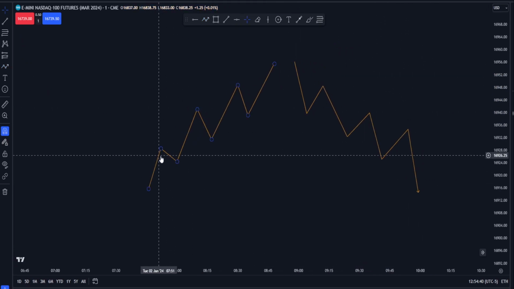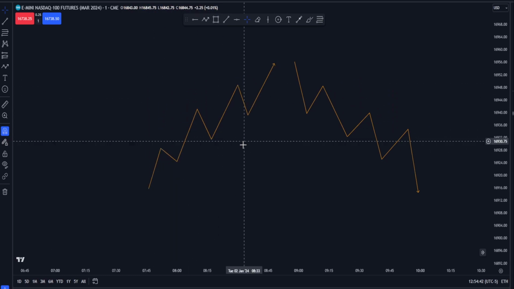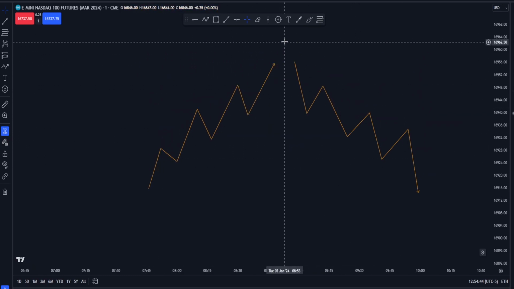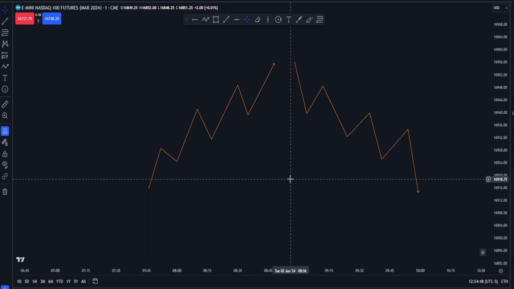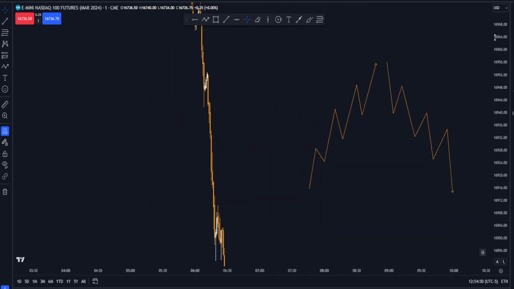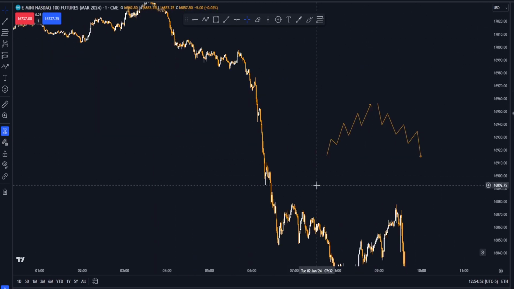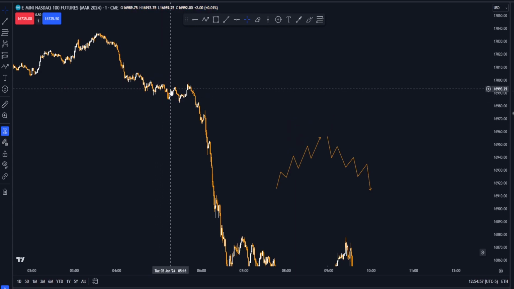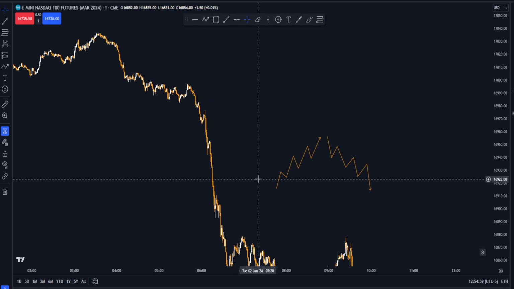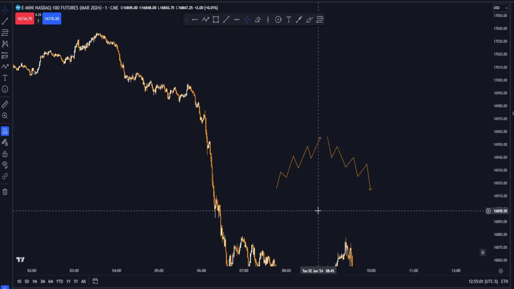Bullish, we go higher high, higher high, higher low, higher high. Bearish, same thing, just to the opposite side. So today, if you look at the chart, we can see that we are making lower lows, lower lows, lower lows. So we were overall bearish.